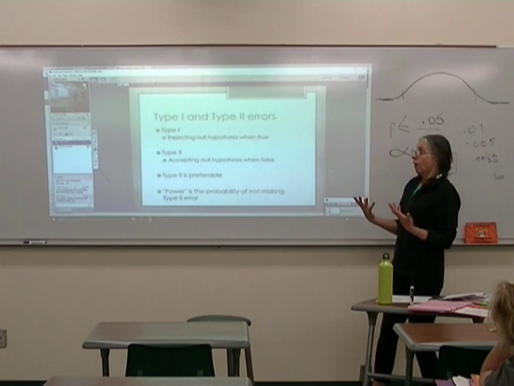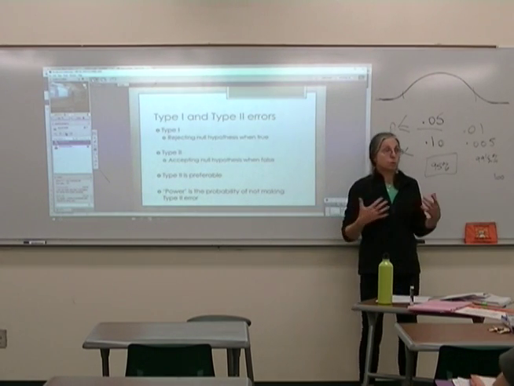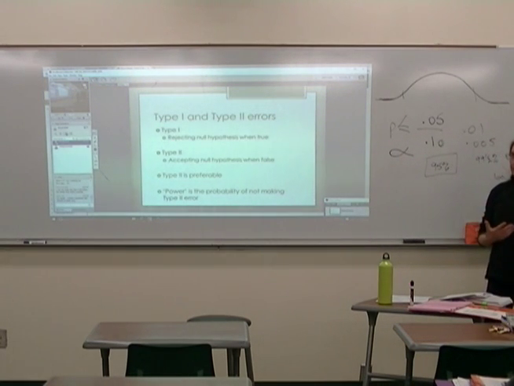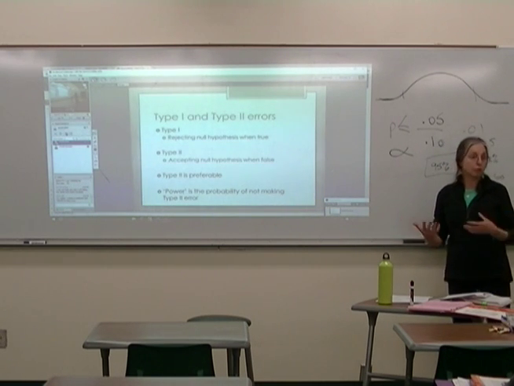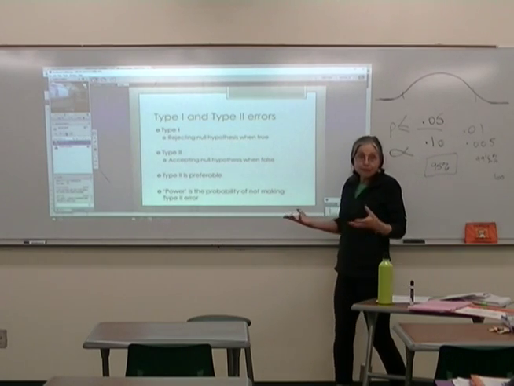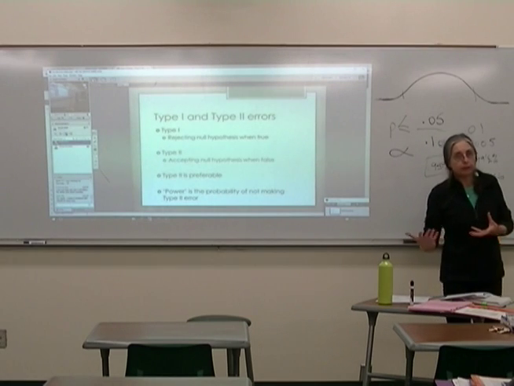So, one of the reasons one of my papers was rejected was because it didn't have enough power. I only had 25 kids in it and they wanted 150. Well, I didn't have access to 150, so there wasn't anything I could do about that. I didn't pick 25, that was who I had, right?